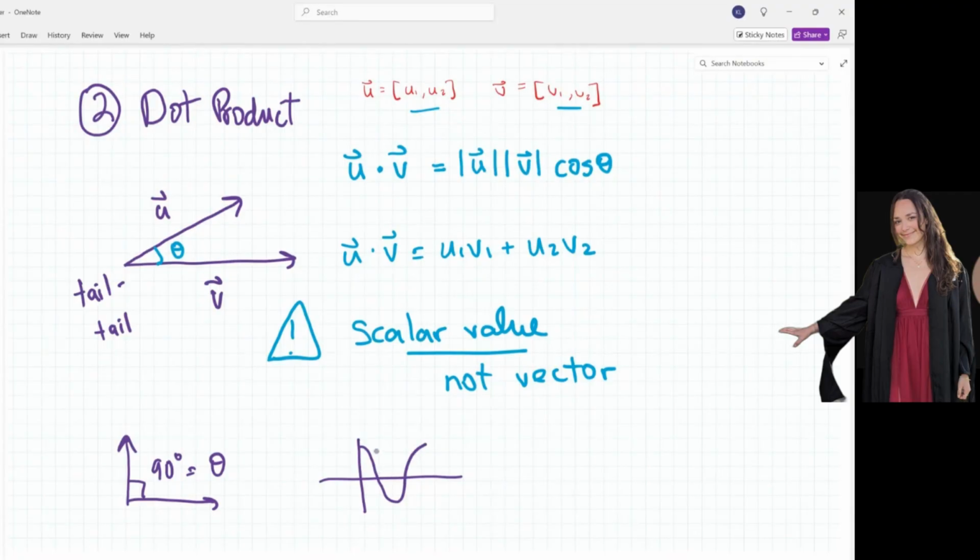When cos is 90 degrees, this would be right over here, then the function equals 0. So cos of 90 degrees equals 0. So that means that if your dot product equals 0, and you don't have 0 vectors, then your two vectors are orthogonal or perpendicular.